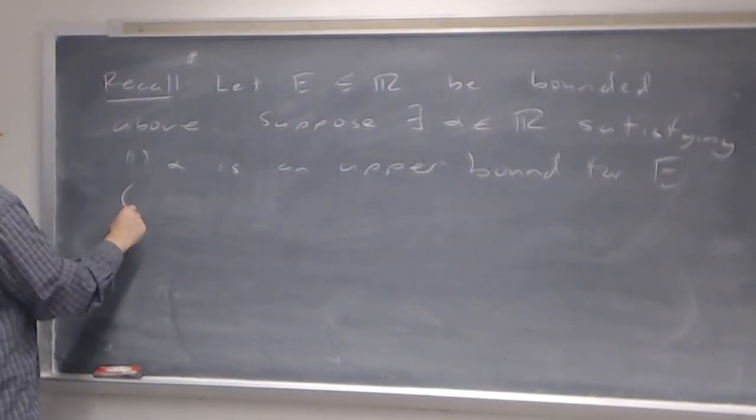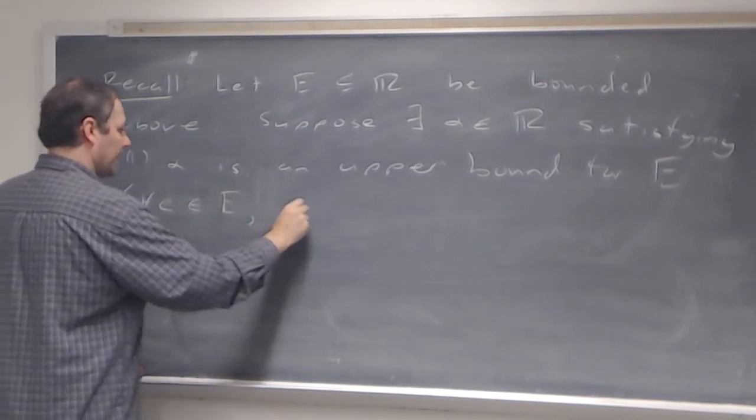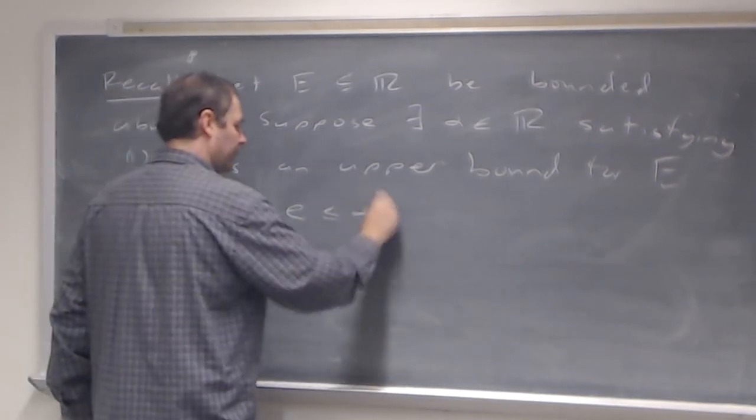That means for every e element of big E, e is less than or equal to alpha.